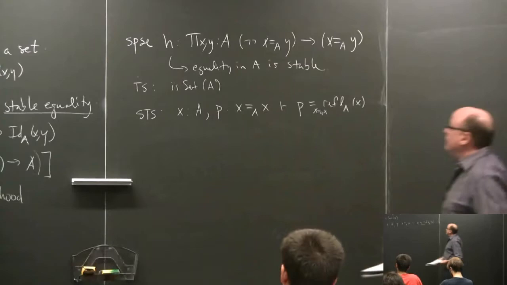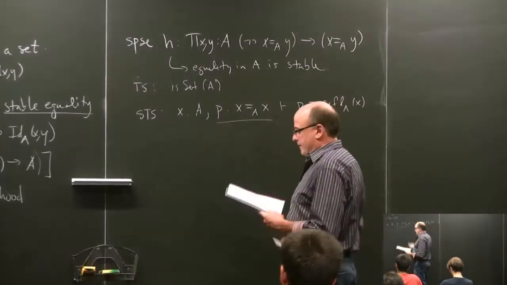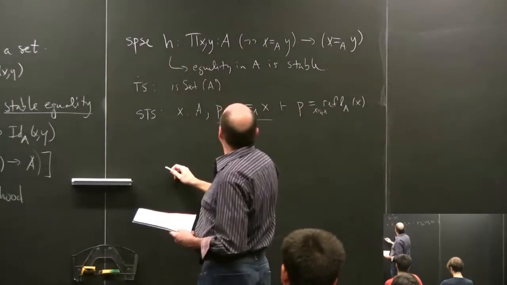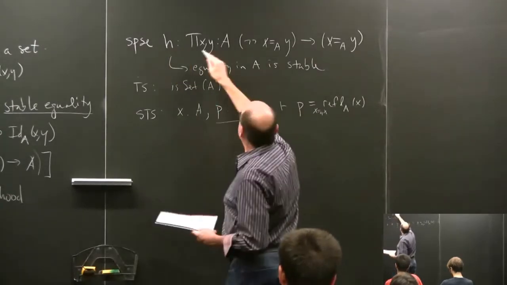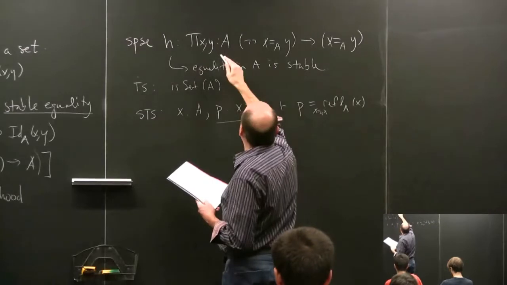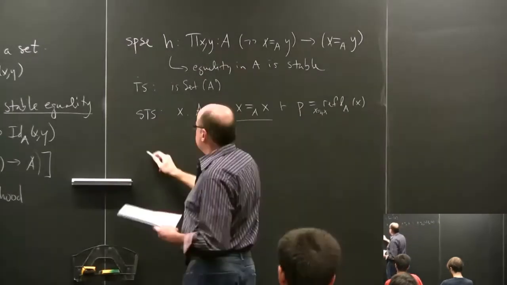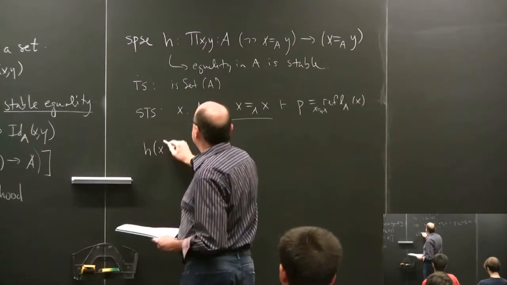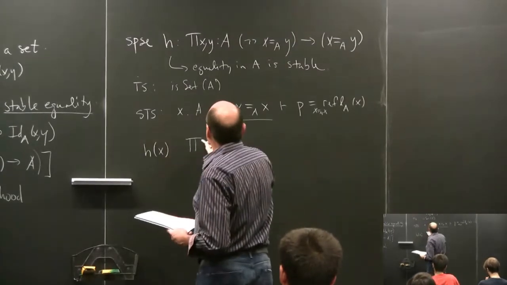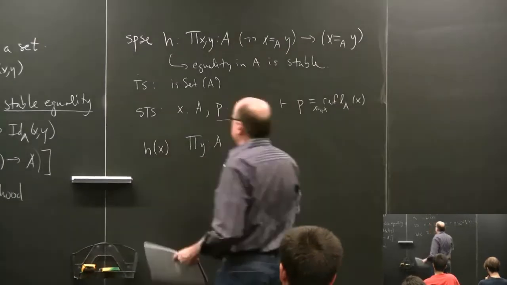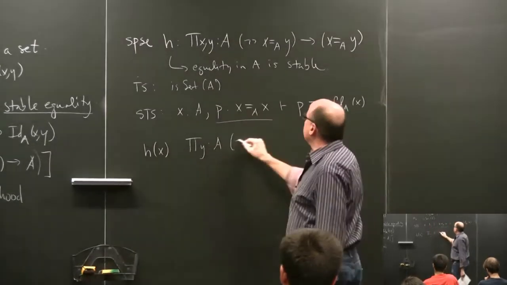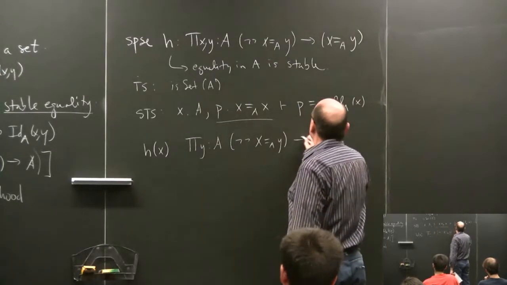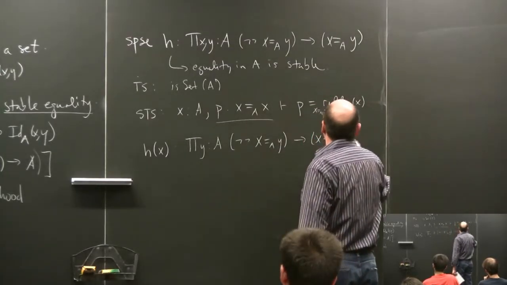So if we take this path here, and we look at the behavior of h, so h when instantiated. Let's write this out. We'll just notate h of x as of the form Π y in A, not x equals_A y, then x equals_A y.